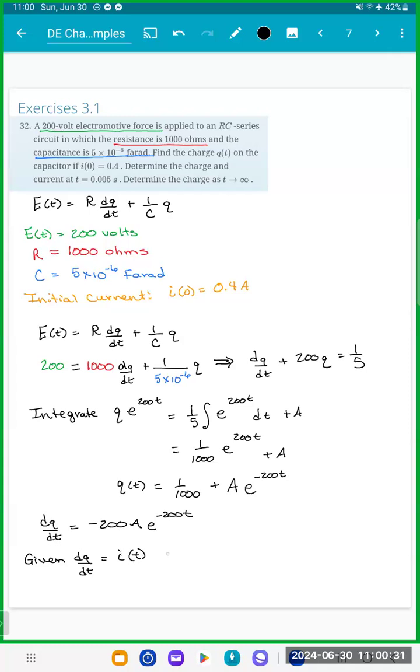And that our initial was 0.4. Okay. So when we have that, we can take 0.4 equals negative 200 a times e to the negative 200 times 0. And so a is equal to negative 2 times 10 to the negative 3.